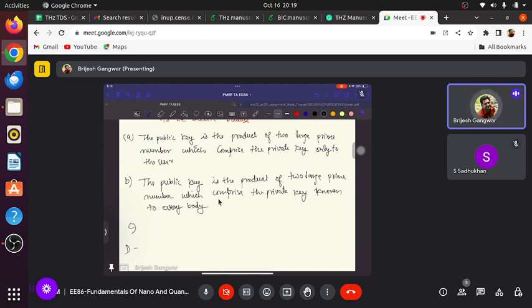And the D option is the time taken to find the prime factor of a large integer increases exponentially with the number of digits.